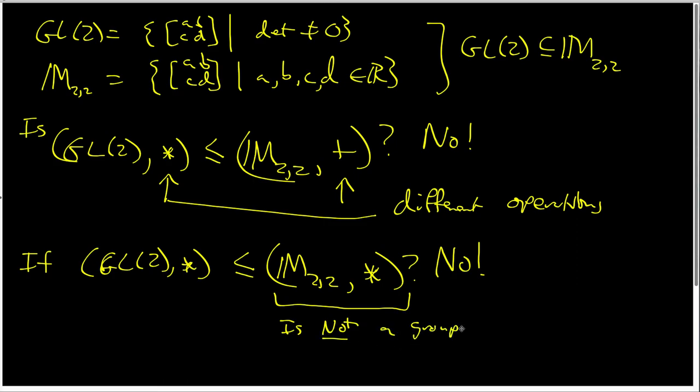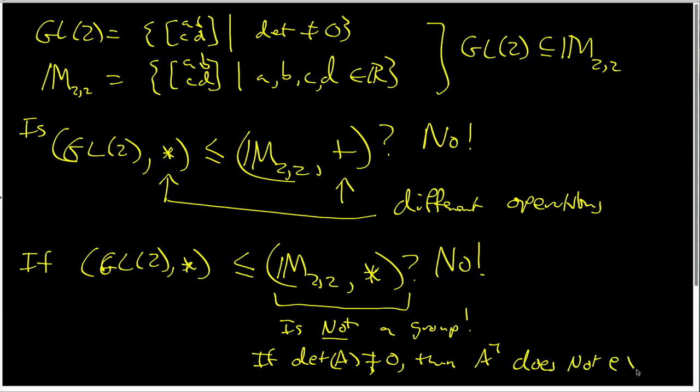It's not a group because any matrix that happens to have determinant equal to 0 has no multiplicative inverse. So if the determinant of A is equal to 0, then A inverse does not exist. So we don't have the fourth group axiom satisfied in M22 under times.